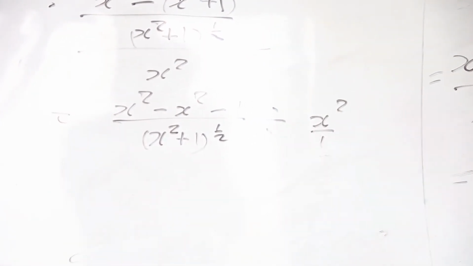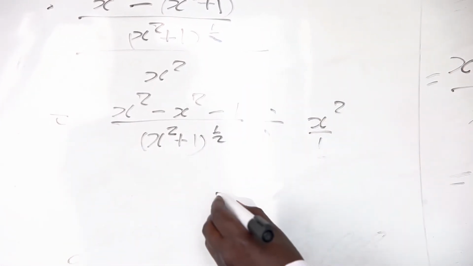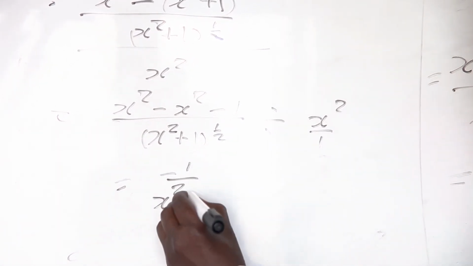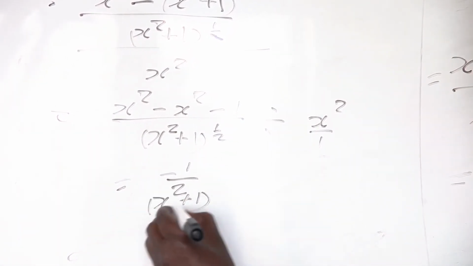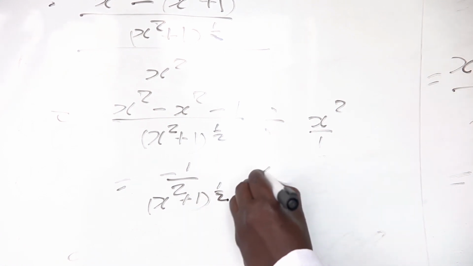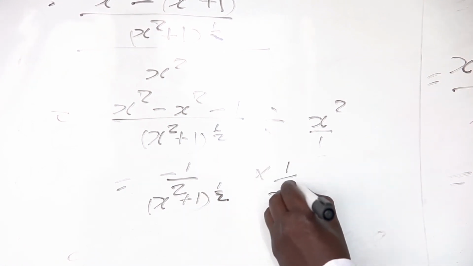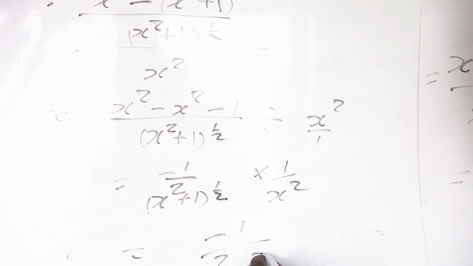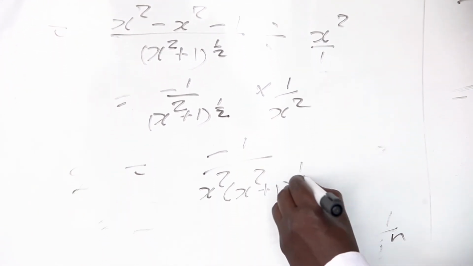So what I have is negative 1 over x squared plus 1 power half times 1 over x squared. So the answer is negative 1 over x squared plus 1 power half.